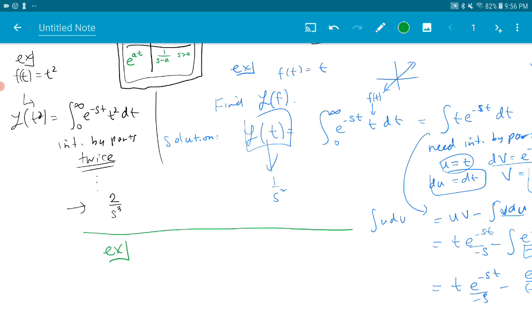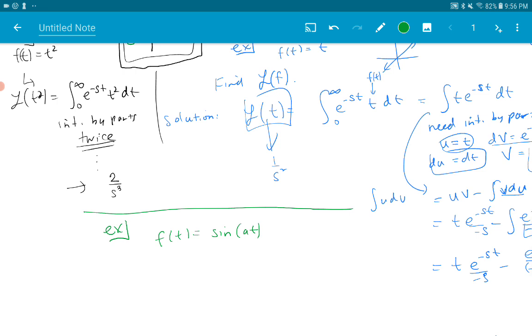So I want to do sine and cosine. Let's say f of t is equal to sine of a times t. Think of a as just some constant. Then if we started to do the Laplace transform of this, we'd end up with the integral from 0 to infinity of e to the minus st times sine of at dt.